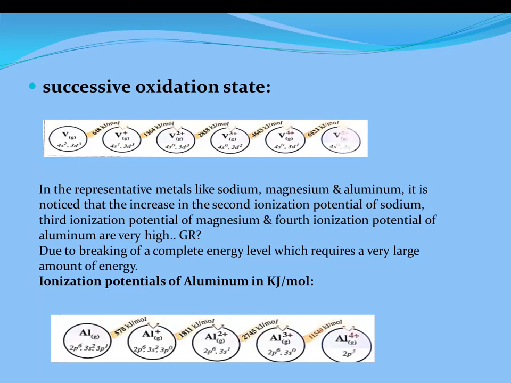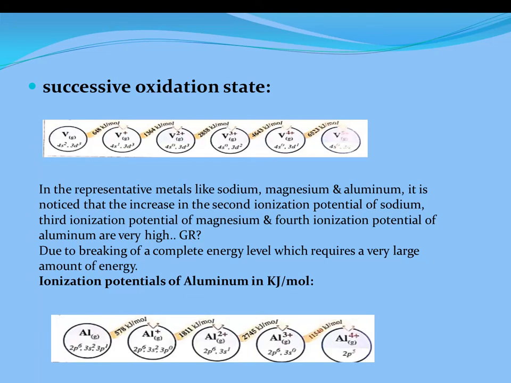In representative metals like sodium, magnesium, aluminum, it is noticed that the second ionization potential of sodium is very high, as is the third ionization potential of magnesium, and the fourth ionization potential of aluminum. Why? Because to make aluminum positive 4, we have to break a complete energy level, which requires a very high ionization energy.